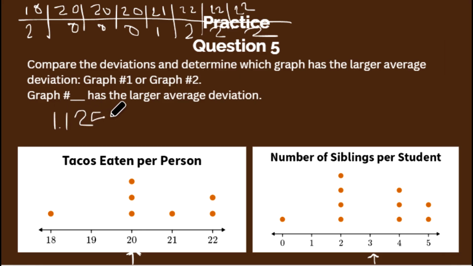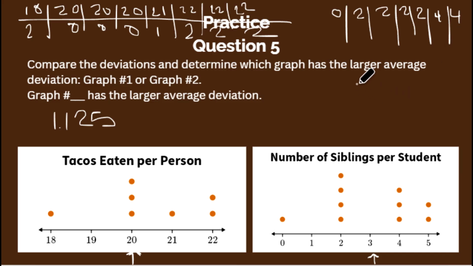Okay, let's do our next one. We have 0, 2, 2, 2, 2, 4, 4, 4, 5, 5. I ran out of room. I do that to myself a lot in case you haven't noticed.